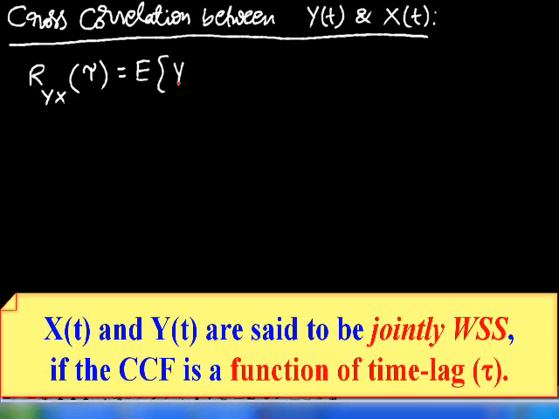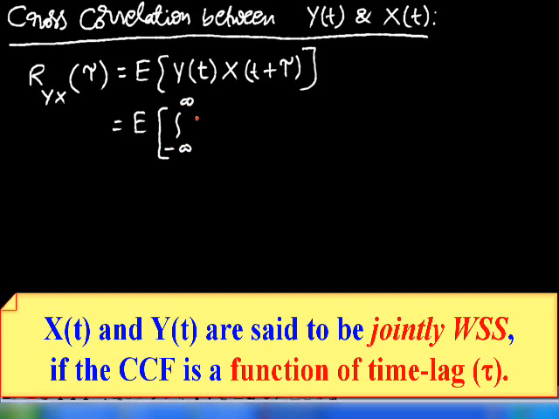equal to the expectation of y of t and x of t plus tau, is it right? Now this can be written as the expectation of, what is y of t? The integral from minus infinity to plus infinity of h of alpha x of t minus alpha d alpha, and we have x of t plus tau.